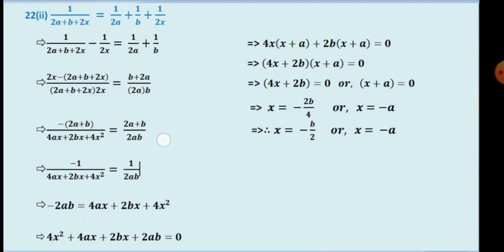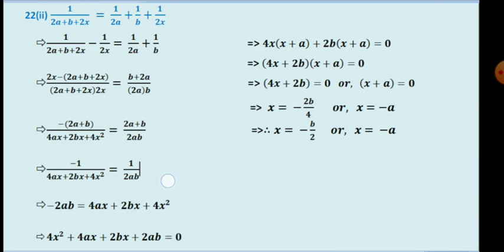In the right hand side we have 2a plus b divided by 2ab. Now see, the numerator in the left hand side and right hand side are equal, so we can cancel this out. So in the left hand side we'll have minus 1, since there was a minus over here, so we'll write minus 1 divided by 4ax plus 2bx plus 4x square equals 1 by 2ab.